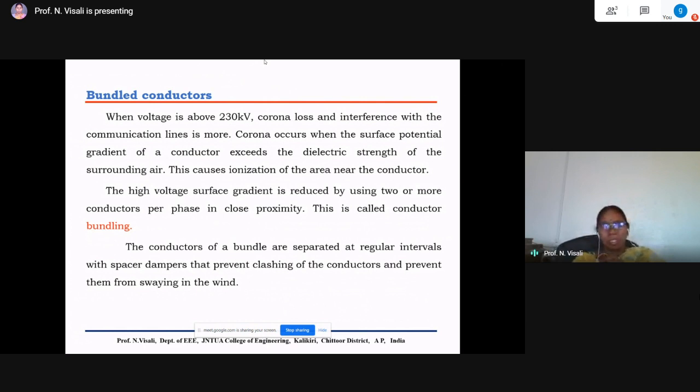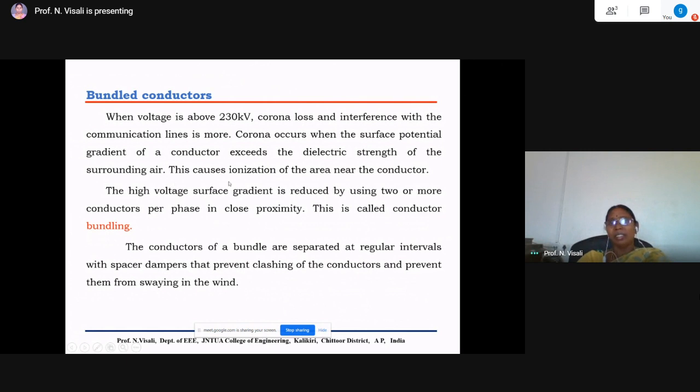Corona loss means ionization of the gas, the ionization of the surrounding medium of the conductor. Corona occurs when the surface potential gradient of the conductor exceeds the dielectric strength of the surrounding air.